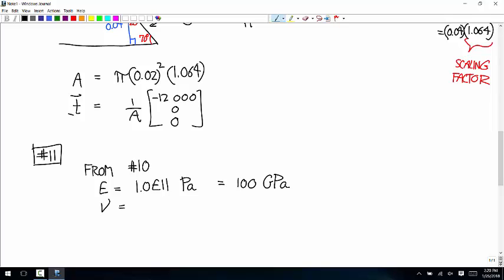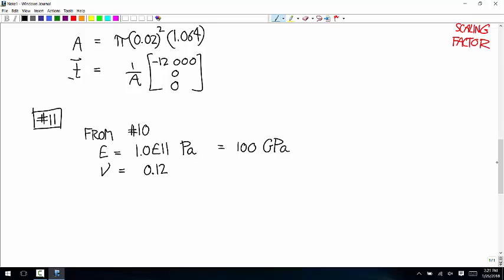And then Poisson's ratio? 0.12. Okay. Young's modulus is right in the ballpark of copper, I think. The Poisson's ratio is very low compared to any metal value that I've seen.